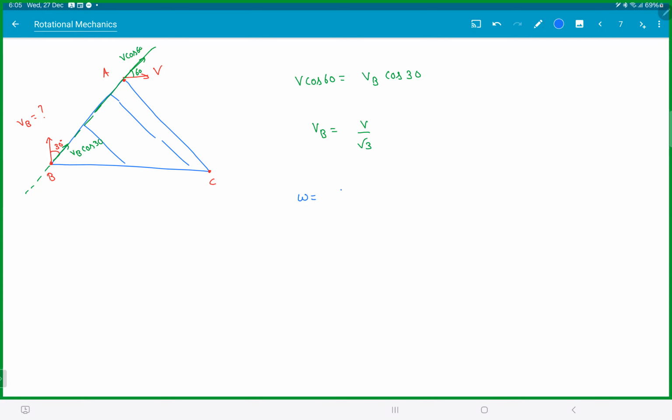Omega will be V sin 60 minus of minus VB sin 30.